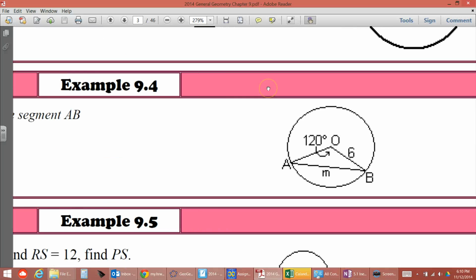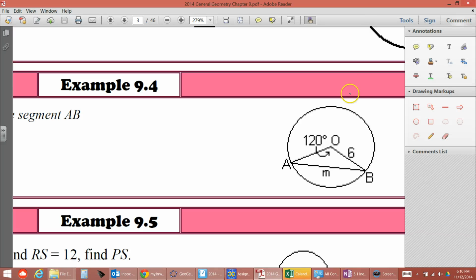So looking at this symbol right here, I'm going to bring up my comment tools. We're going to do this problem together on the notes. So if I draw a drop-down segment right here, I know that this is 6. Well, OB is a radius. So is OA. They're both radii. So that means it's a 6 over here. That tells me it's an isosceles triangle.